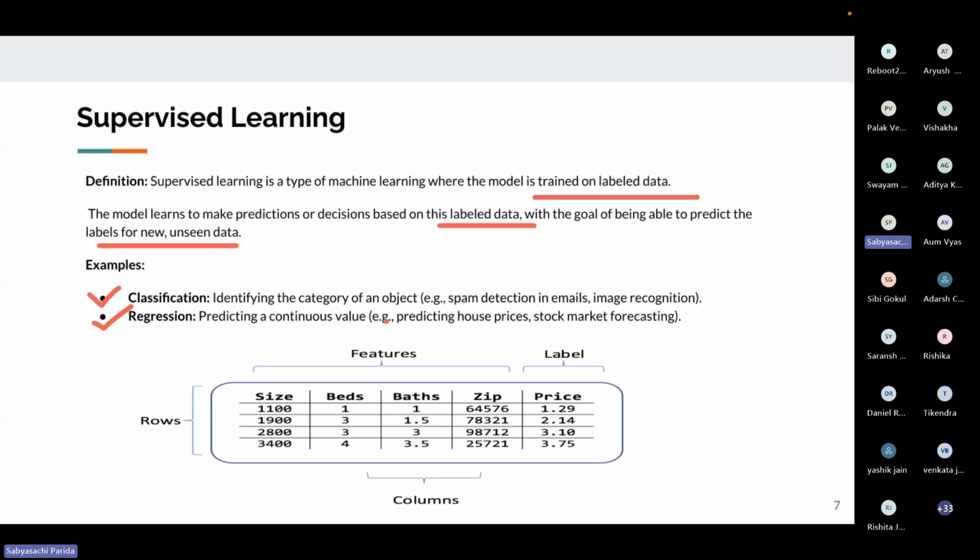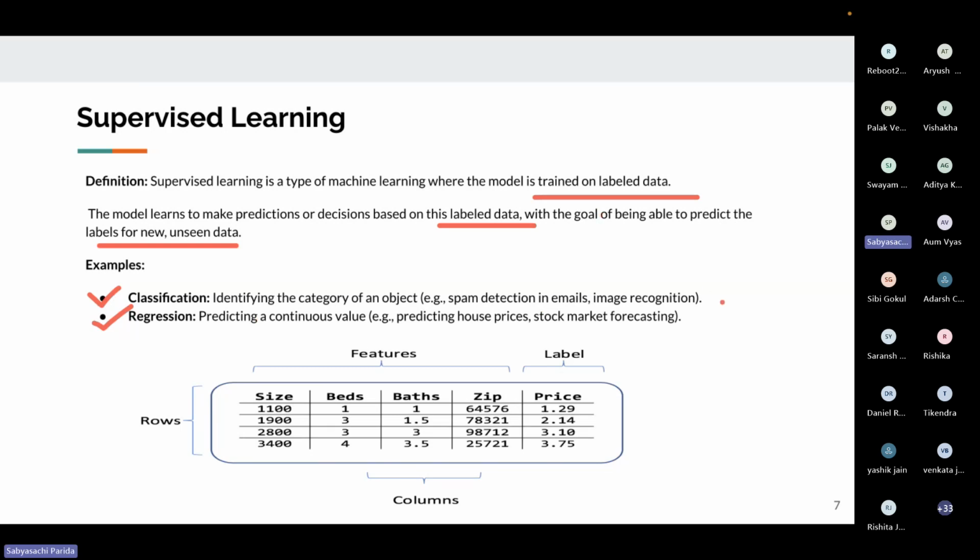Classification is identifying the category of an object. For example, spam detection in mails, or image recognition, where we are trying to classify X versus Y or A versus B, that this belongs to one class, that belongs to another class.